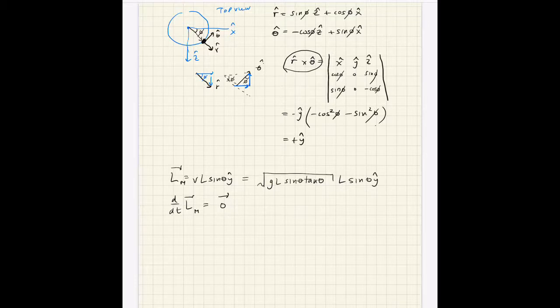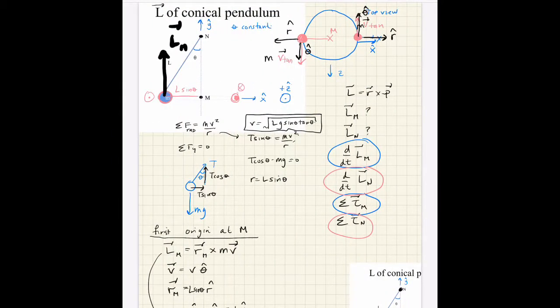And what I'm going to do now is check: does the sum of torques equal 0 if I choose the same axis that I had before for M? So let me take a look at that really quickly. Let me copy this again.